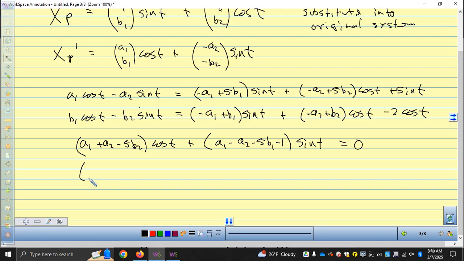And here I have a2 plus b1 minus b2 plus 2 cosine t plus a1 minus b1 minus b2 sine t equals 0.